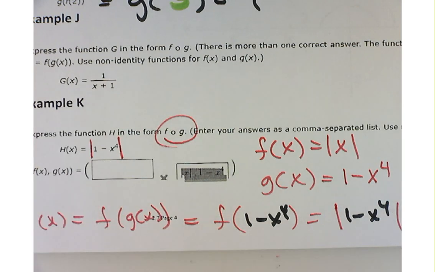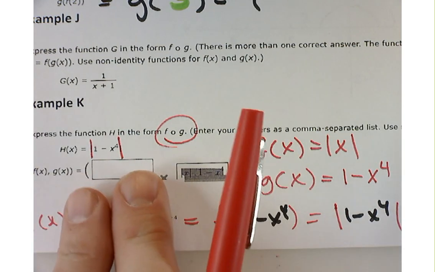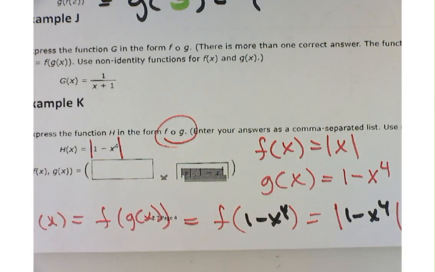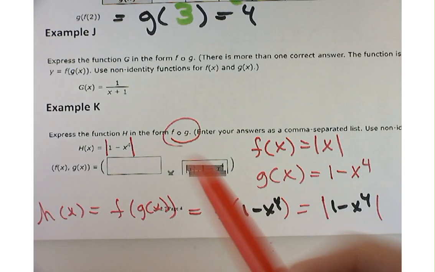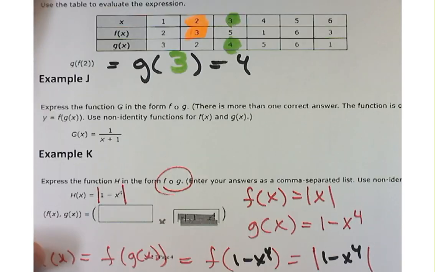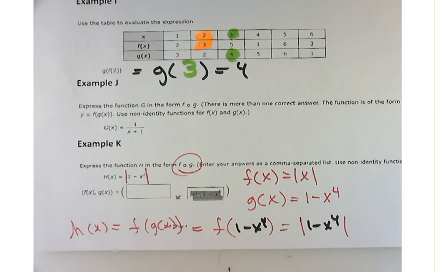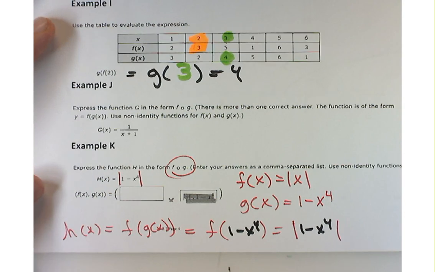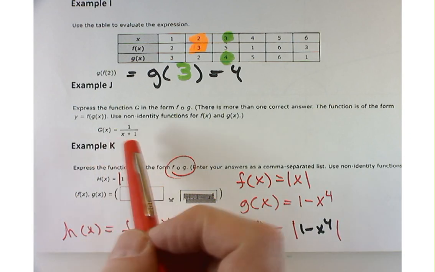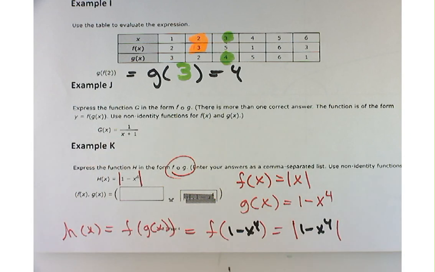This one's the harder of the two because it's not so clear what the outside function is and what the inside function is. Now looking up at example J, we want to find capital G of x. Again, there's two pieces to this function.